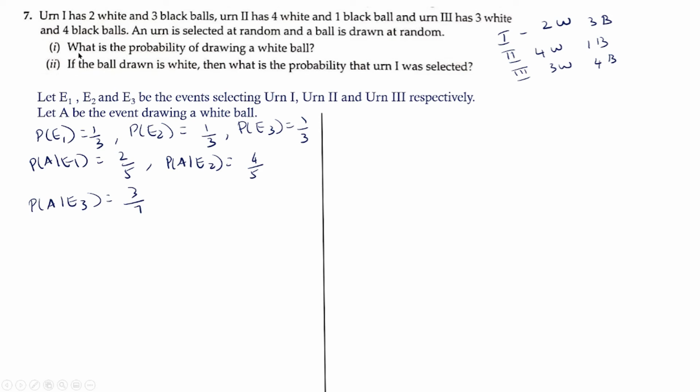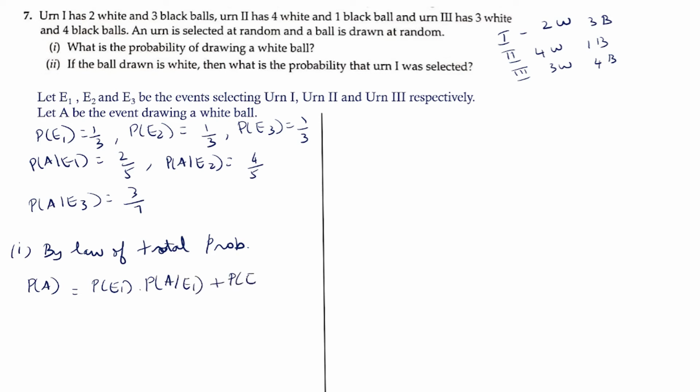And now coming to the first subdivision, probability of drawing a white ball. So for the first subdivision, we need to find probability of A. So by law of total probability, probability of A is equal to probability of E1 into probability of A given E1 plus probability of E2 into probability of A given E2 plus probability of E3 into probability of A given E3.